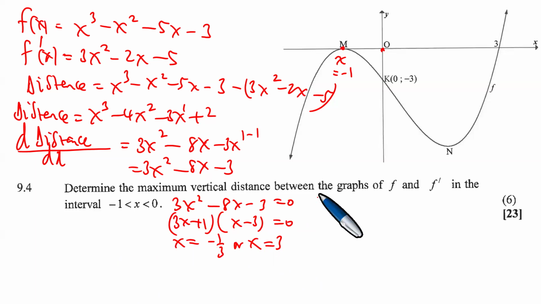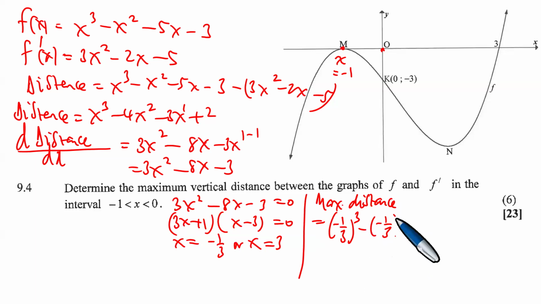So what is the maximum distance? The maximum distance is as follows: minus 1 over 3 cubed, minus 1 over 3 squared, minus 1 over 3, minus 3.